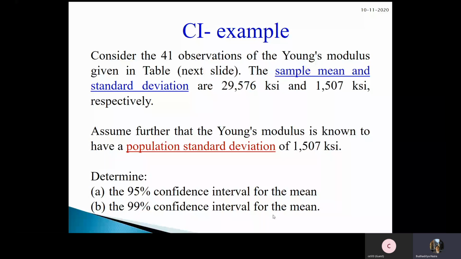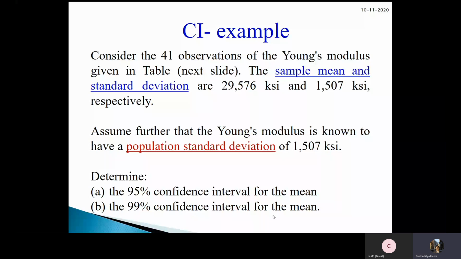So this is the data that is being provided, right? Now I will take that example. As you can see, these values are taken from Haldar and Mahadevan's book.